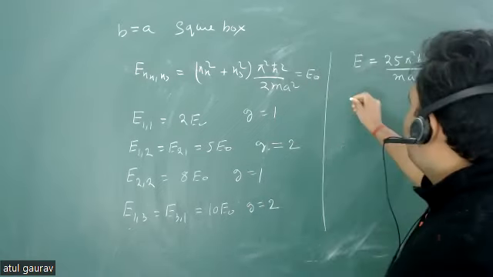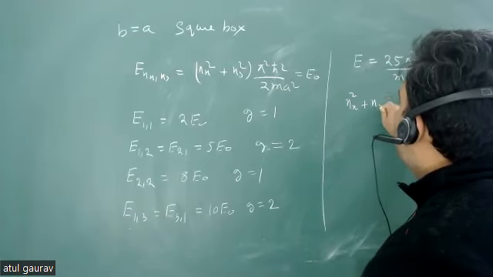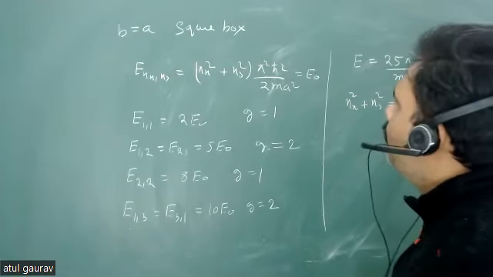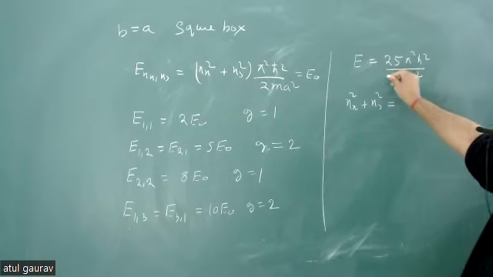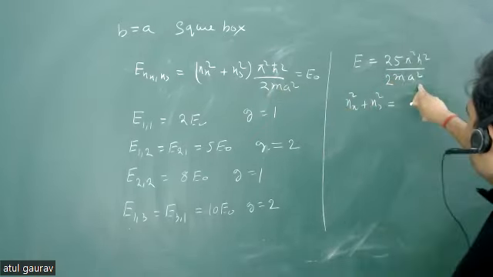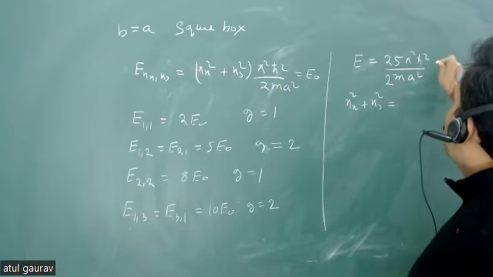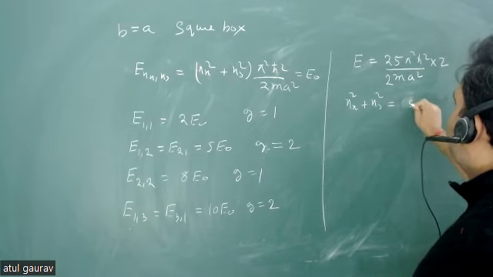So now can you please tell me what is your nx square plus ny square here? 50 या 20 या 25? 50. Why? Because you have to write in a correct form. So you have to multiply it with 2. So this is your 50.